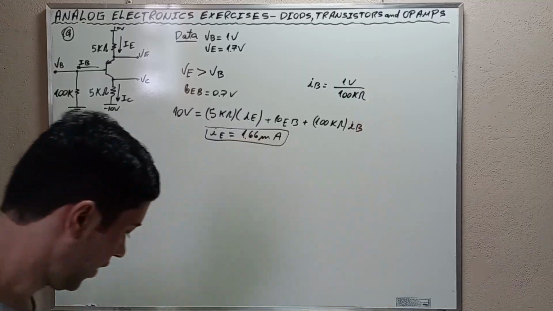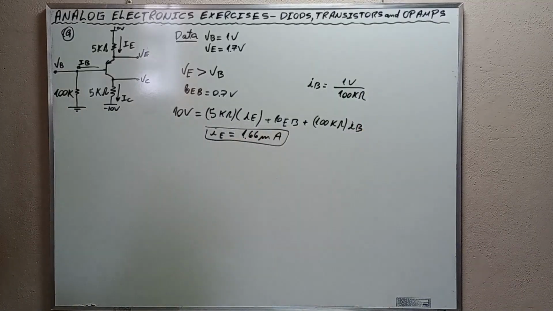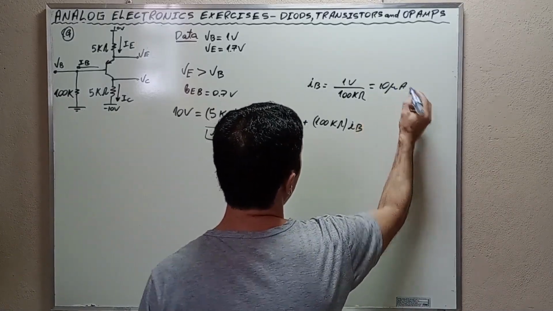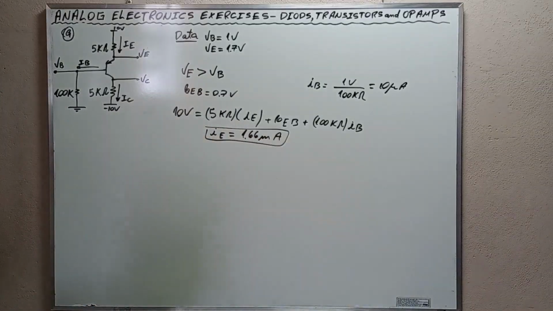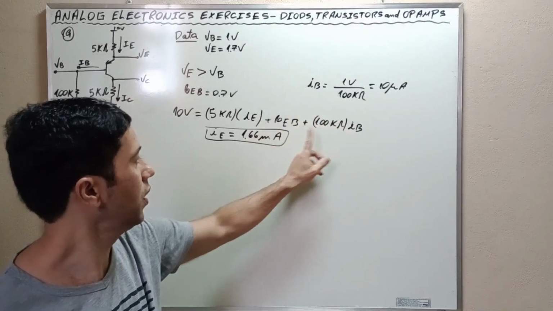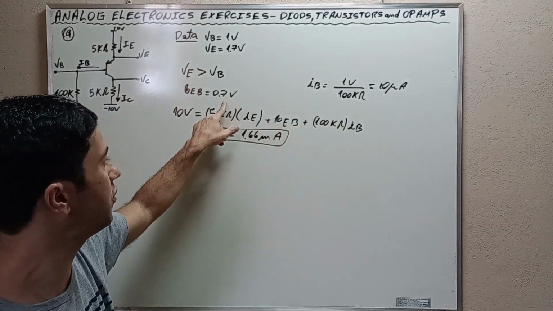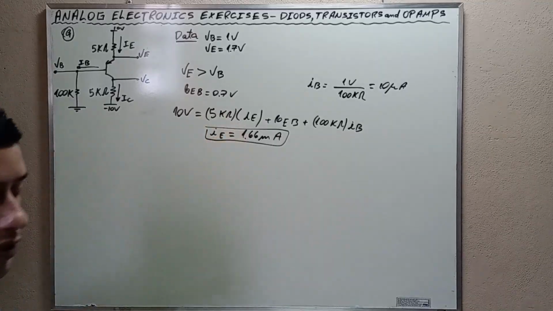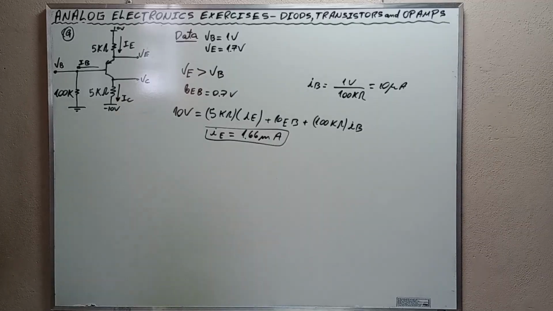This is the value of IB. IB is then 10 microamps. I take this value of IB and use it here. VEB is 0.7 volts, and we solve for IE and we find 1.66 milliamps. Okay, my friends?